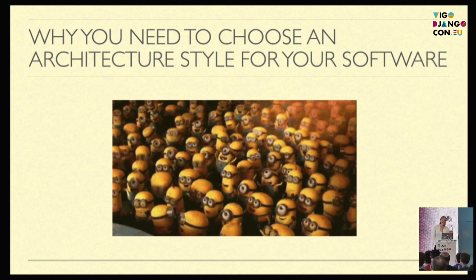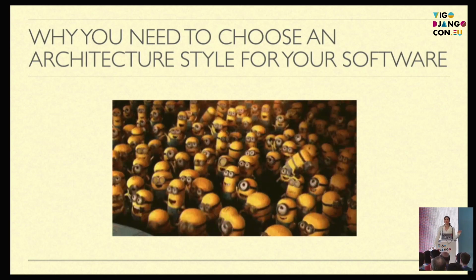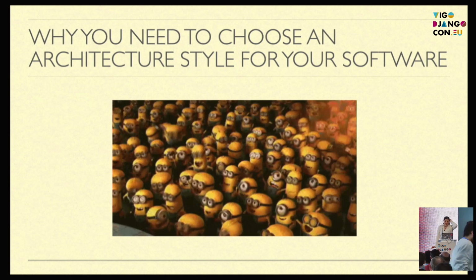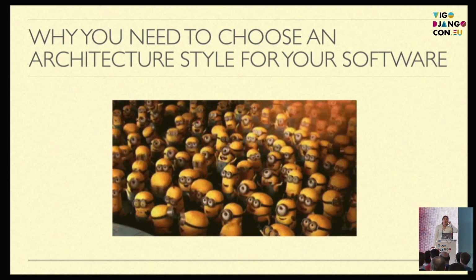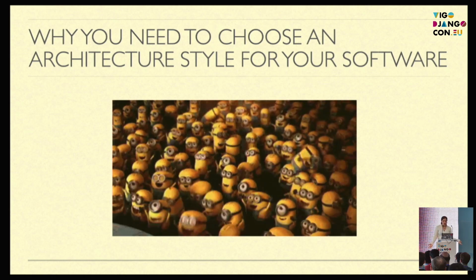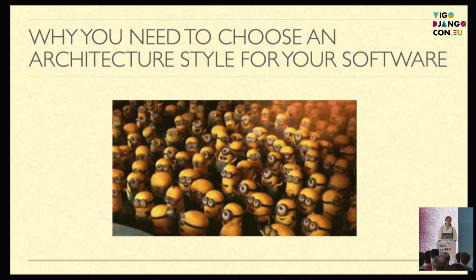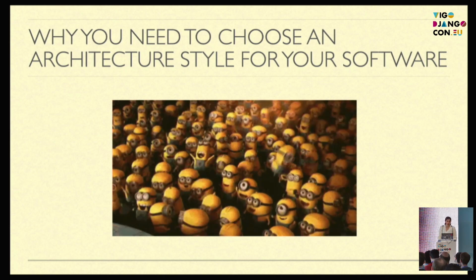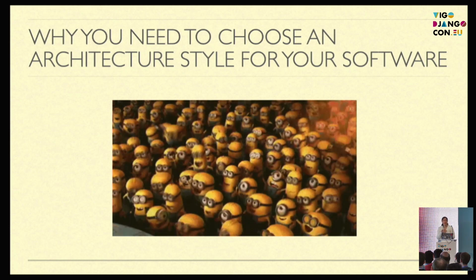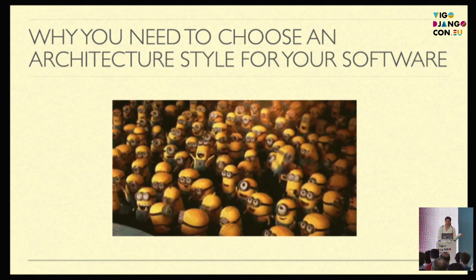You have no idea sometimes where to put stuff, and you don't know where to find stuff. Without a formal architecture in place, it's more likely that as your project grows, as your team grows, you will end up with a big ball of mud. In other words, an application that's tightly coupled, fragile, difficult to change, and lacks a clear vision or direction.